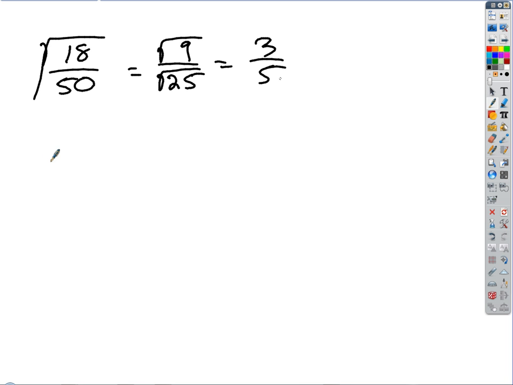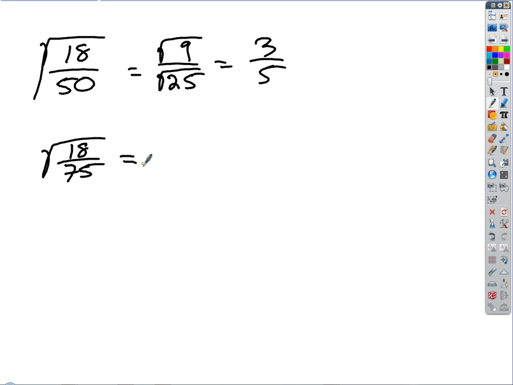Okay, what I really wanted to do probably was something like this. How about square root of 18 over 75? That is good. I like that. Okay, can I reduce those?